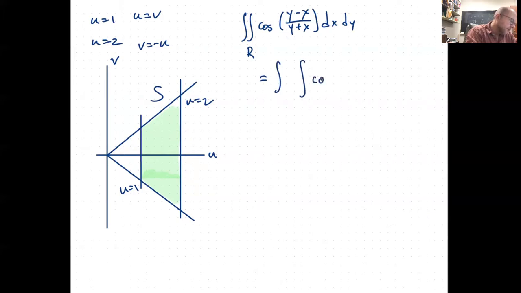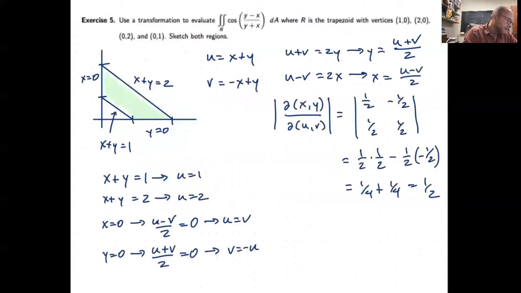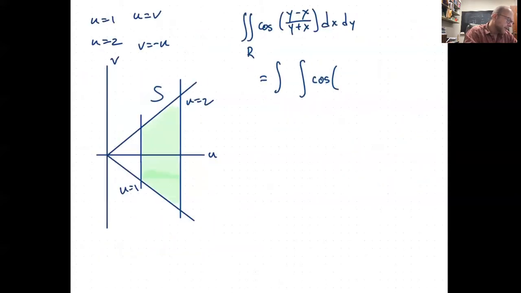And we'll have the cosine of, now y minus x, if you look over there, is going to be just v over u. And then we need to say the Jacobian, which turned out this time to just be 1, and then d something, d something.